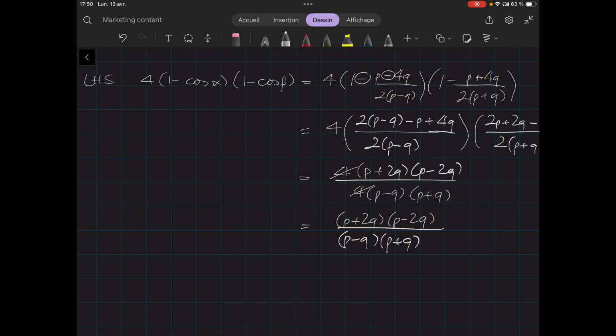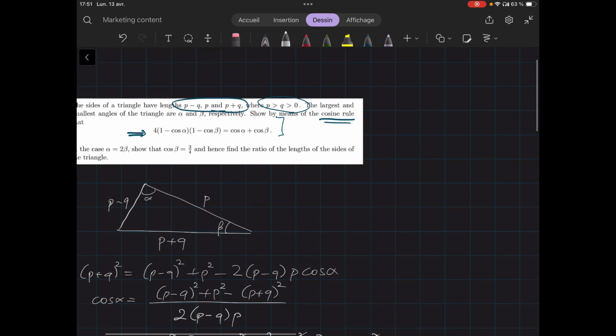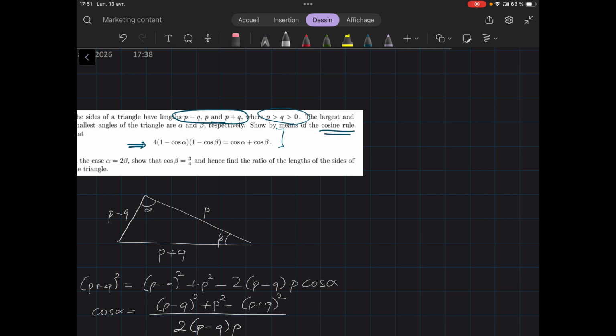Now we're going to tackle the right-hand side. The right-hand side is cos alpha plus cos beta.